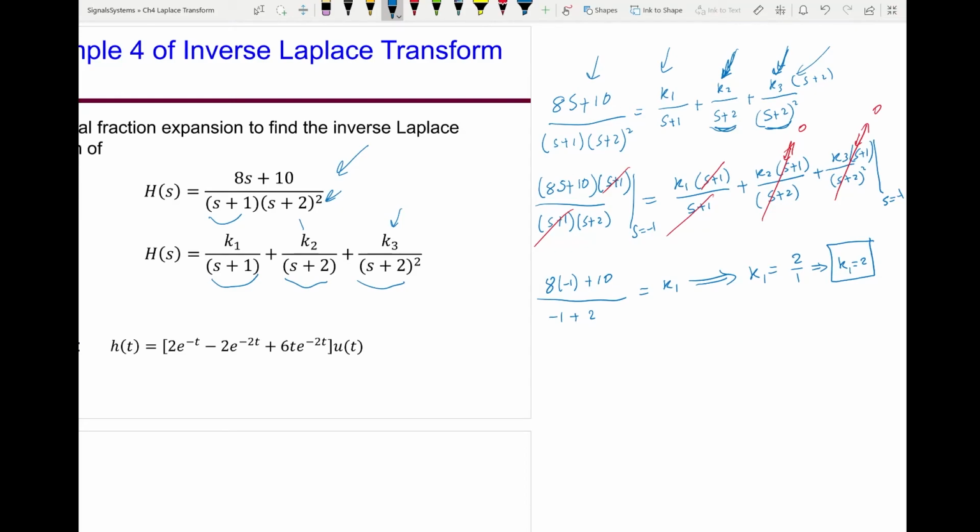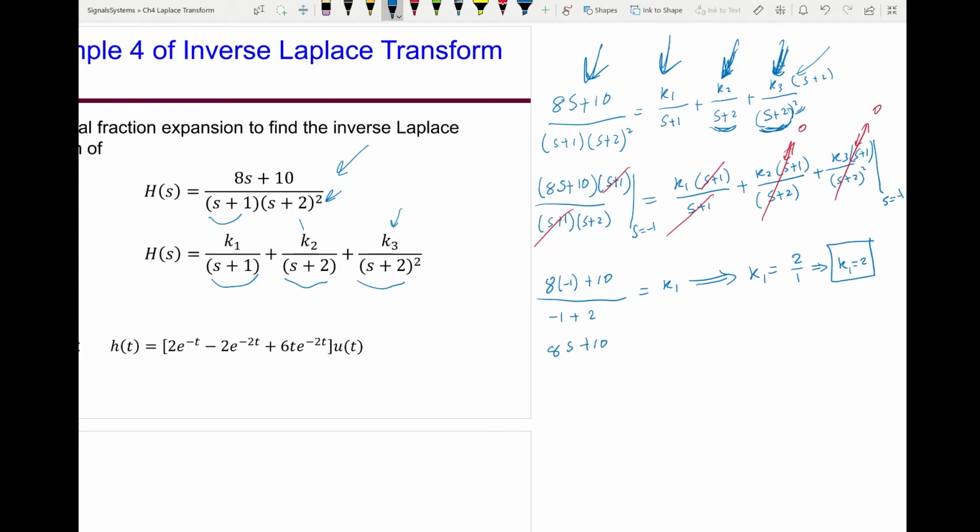So always find the constant that has a denominator with the highest power first. So in this case, I need to find k3 first by multiplying every element here by its denominator, s plus 2 squared. So if I do this, then set s equal to minus 2.